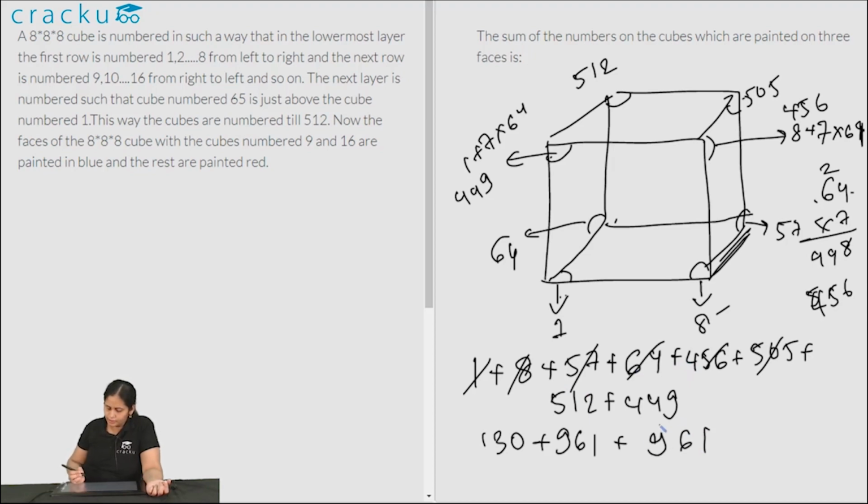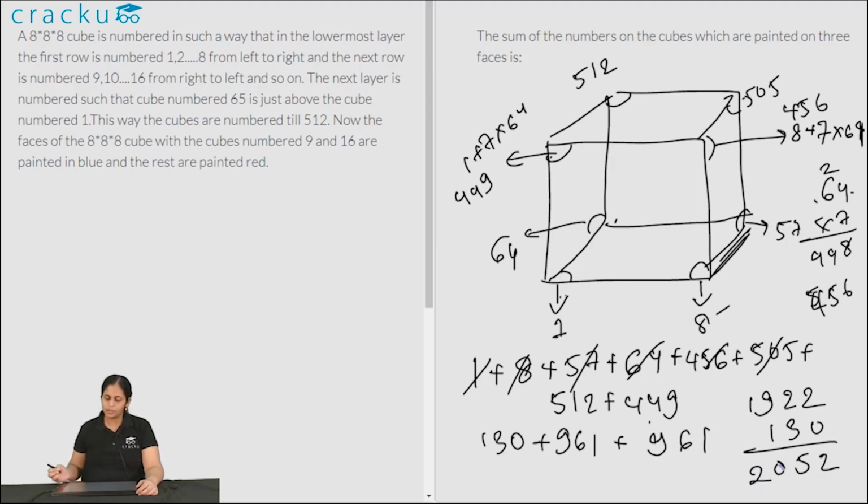So this is essentially 961 times 2 plus 130. So 961 times 2 is 1922, plus 130, so this is 2052. So the sum of the numbers on the cubes which are painted on three faces, the corners, is basically 2052, which is the same as the answer that we had gotten earlier. So this sum is also 2052.